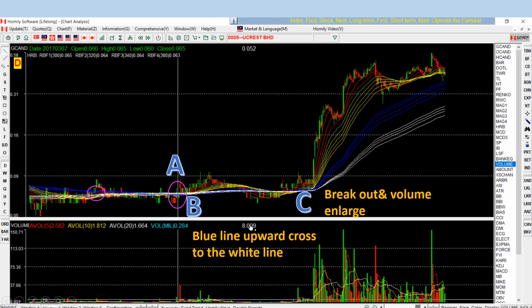So here will be a buy point also. After that, you can see usually here will pull back. After breakout, the price usually will pull back. So you should know that when you see the white line here, the direction of the white line does not change, does not go upwards, which means the long-term direction is not yet confirmed.